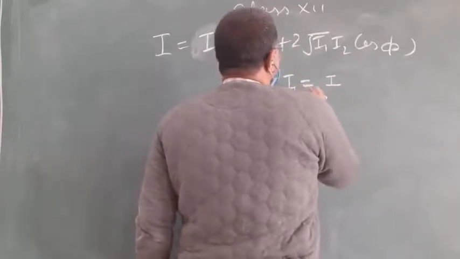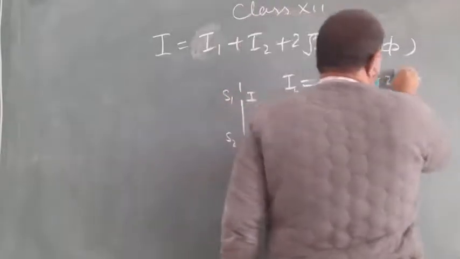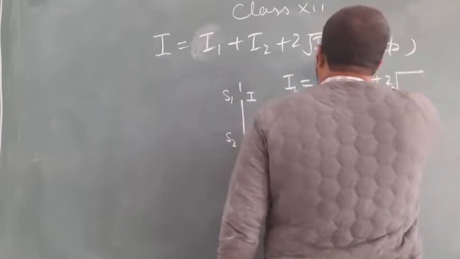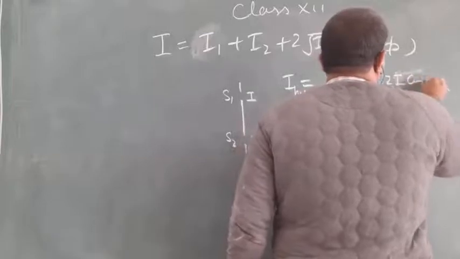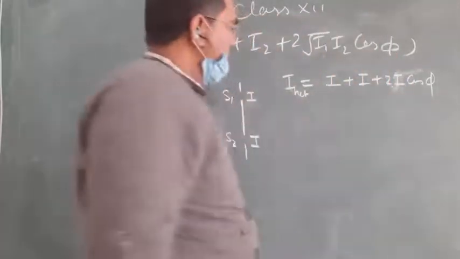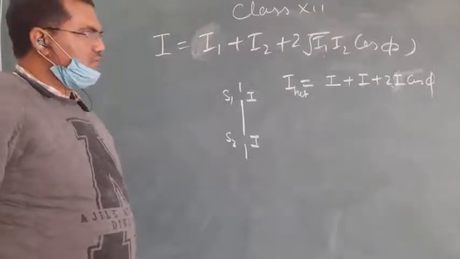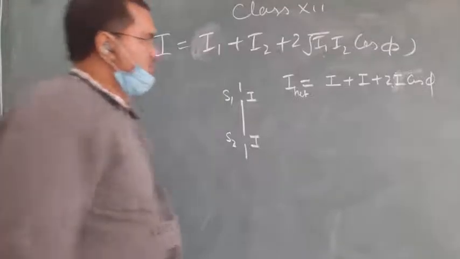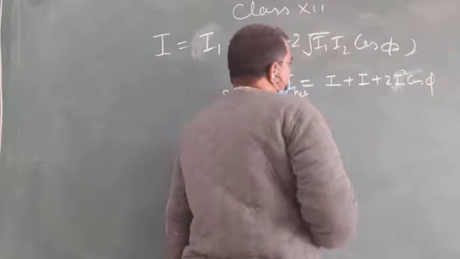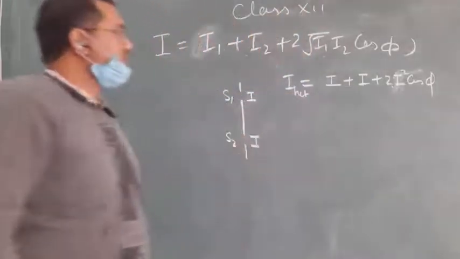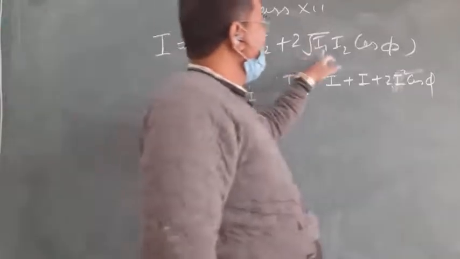So I net equal to I plus I plus 2 under root I square, that is I cos phi. So I equal to I1 plus I2 plus 2 under root I1 I2 cos phi.